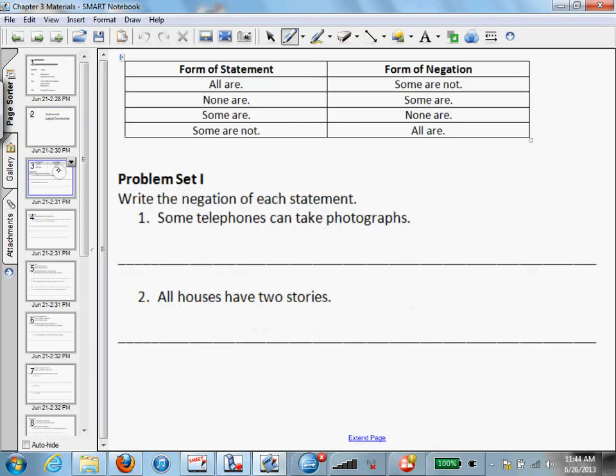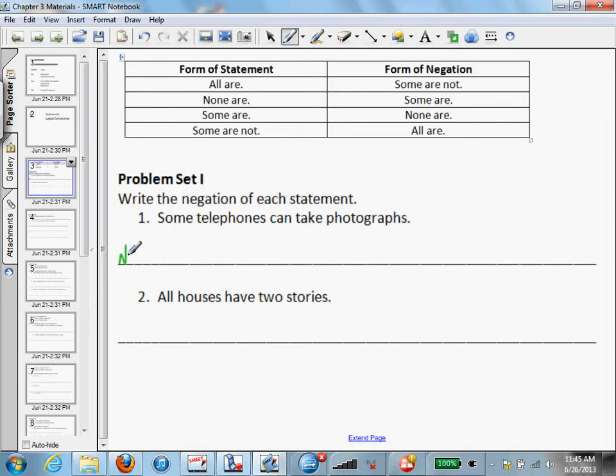Statements and Logical Connectives. With problem set 1, write the negation of each statement. Some telephones take photos. So the negation would be to make this a negative sentence instead of having a positive annotation to it.